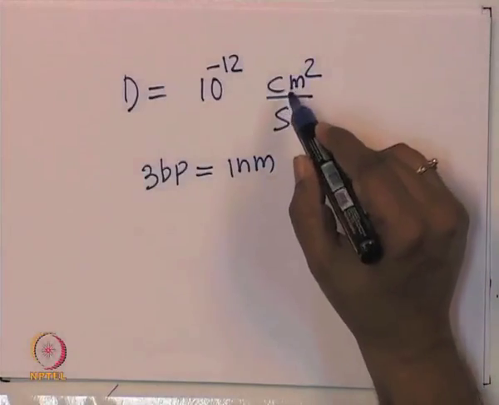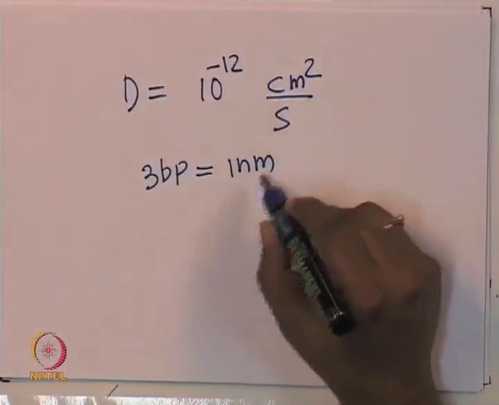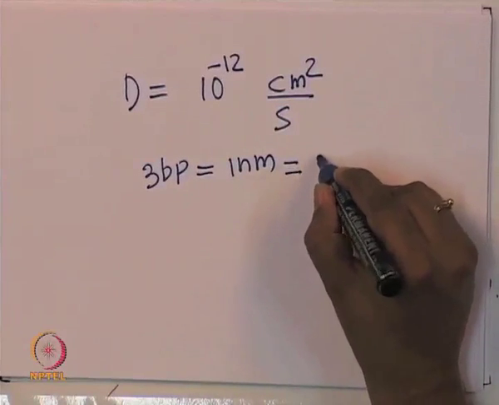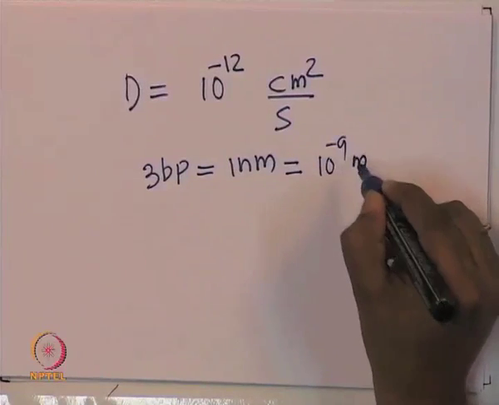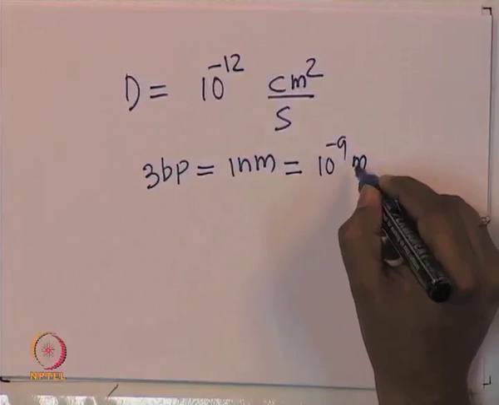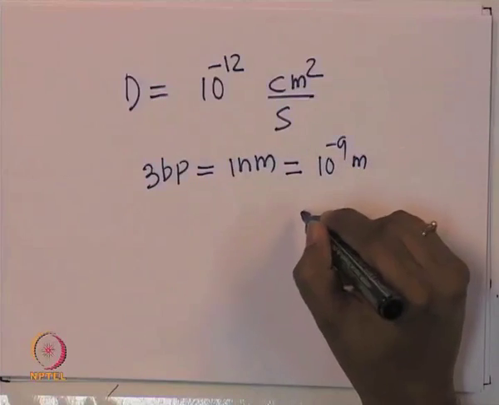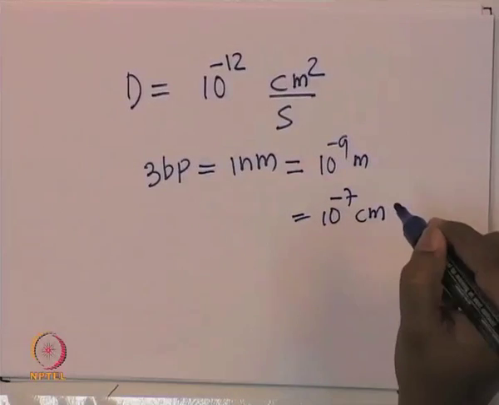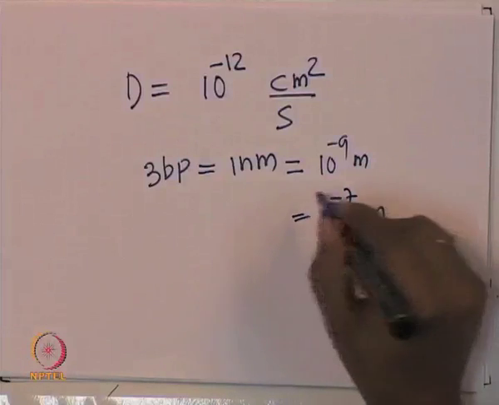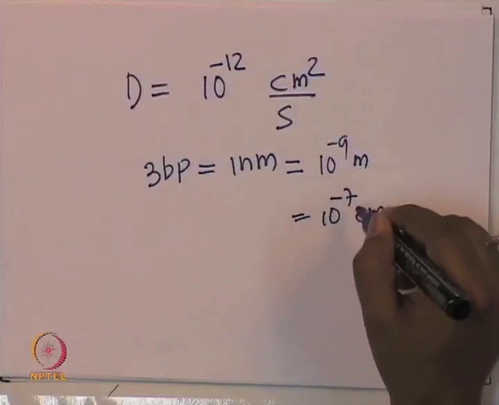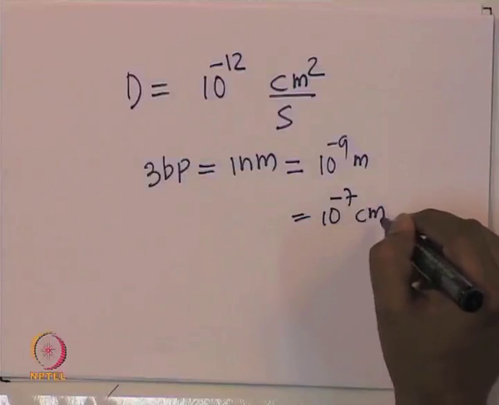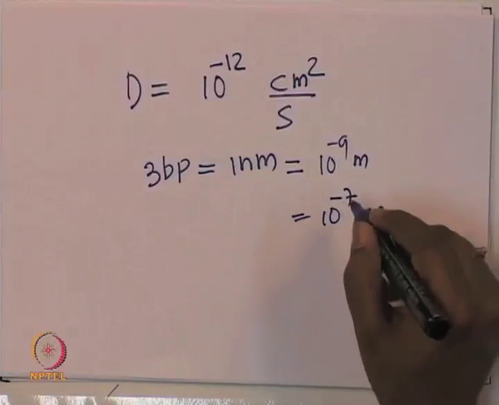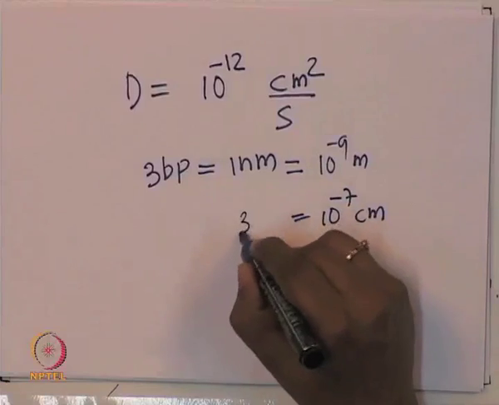Now, what does this imply? 1 nanometer is 10 power minus 9 meter, and 1 meter is 10 power 2 centimeter. So 10 power minus 7 centimeter is basically 1 nanometer, or 3 base pair is basically 10 power minus 7 centimeter.